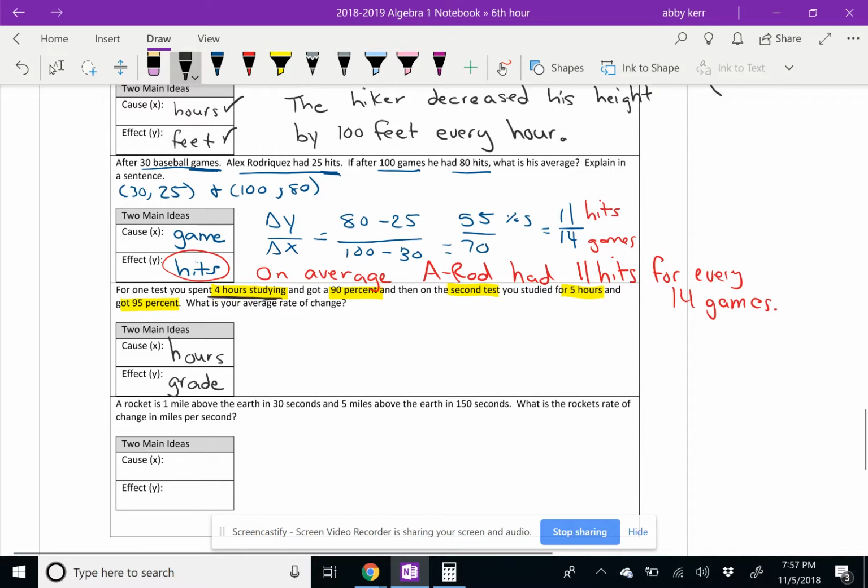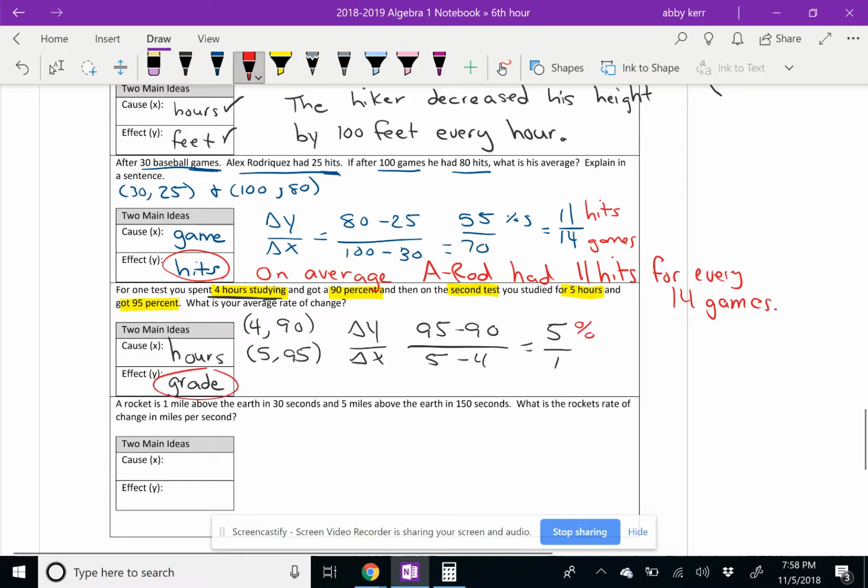So this right here is our x value, comma our y, and then 5 comma 95. So just like the last two, delta y over delta x. So 95 take away 90, 5 take away 4. So then we have 5 over 1. The grade in percentages is y, the hours is our x.